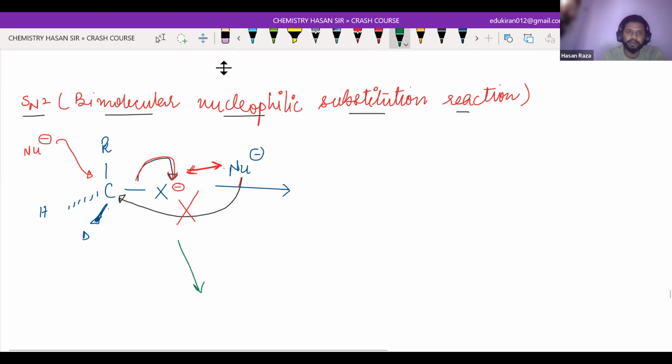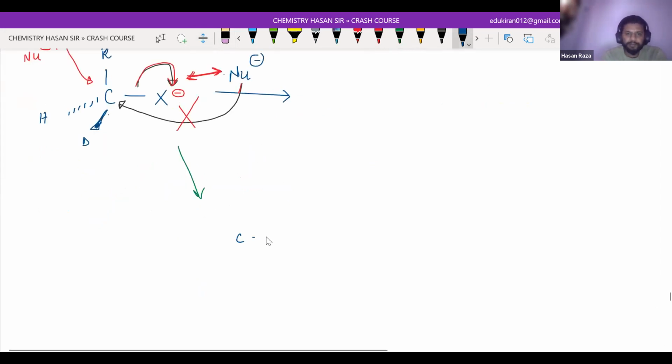So see what will happen. This is carbon. The bond between carbon and X is about to break. Then the nucleophile will attack, and there will be a scenario of the formation of a bond between carbon and the nucleophile. And R is there as usual, and H is there, and this is your transition state.